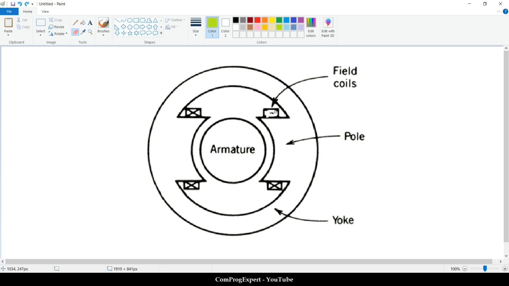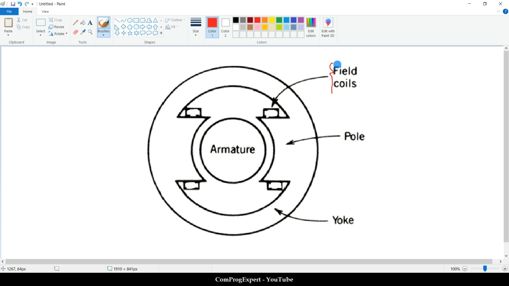I'm going to set the direction of the excitations for these coil regions. Here in this problem, we have two field coils that are identical.